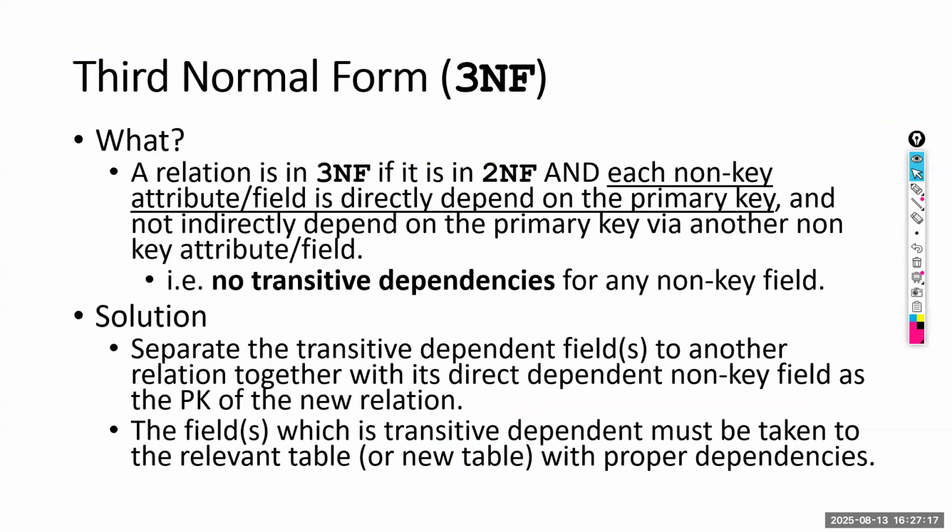Right. So now we move on to third normal form. Remember, I told you we are only interested in first, second, third, and a little bit about BCNF, Boyce-Codd normal form. We are not interested in any higher level normal forms. Not only in A-level ICT, even when you go for a degree program, we are only interested in first, second, third, and BCNF.